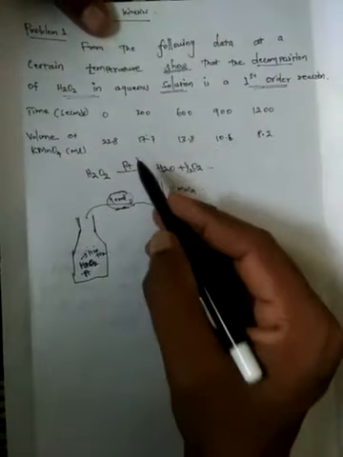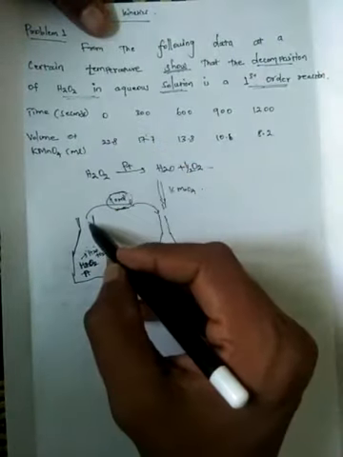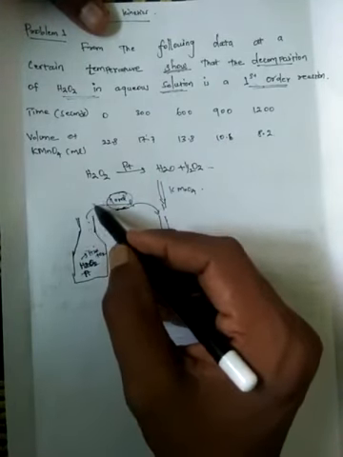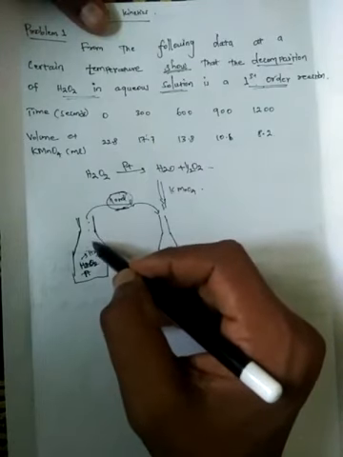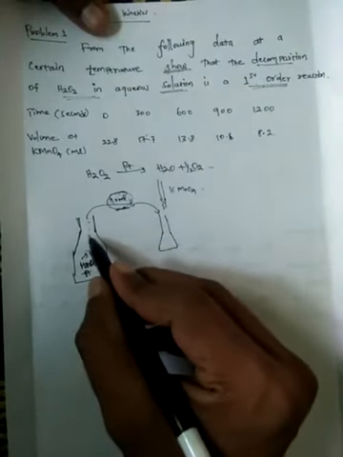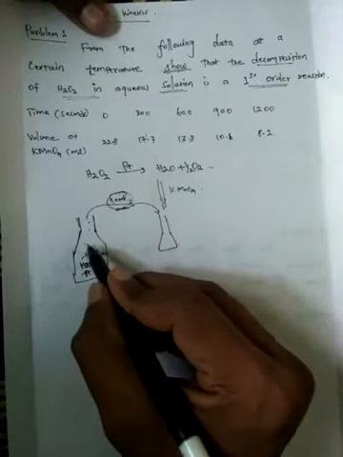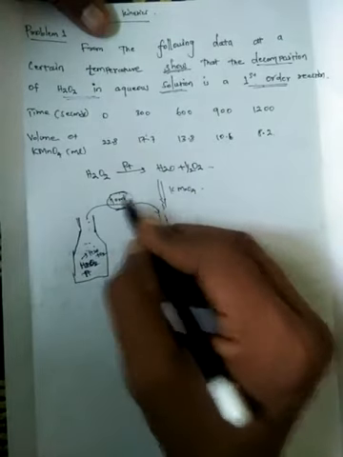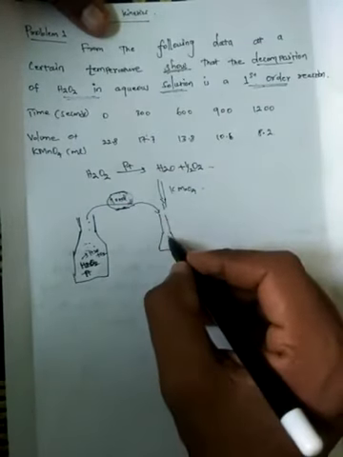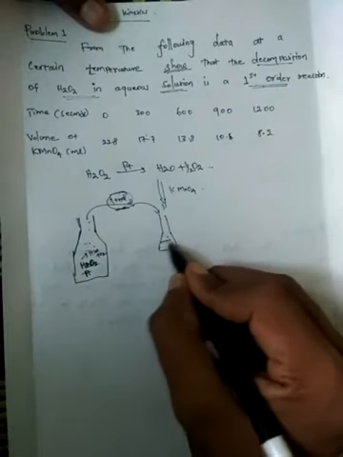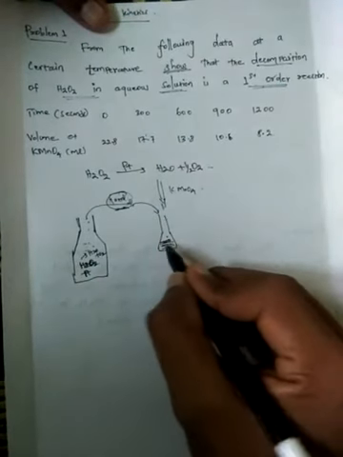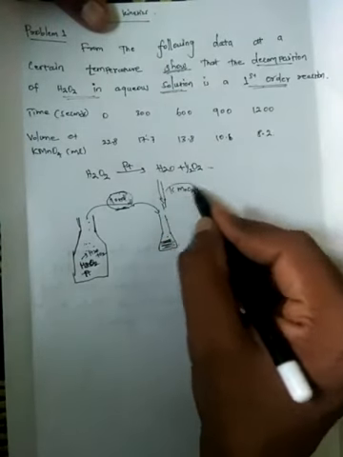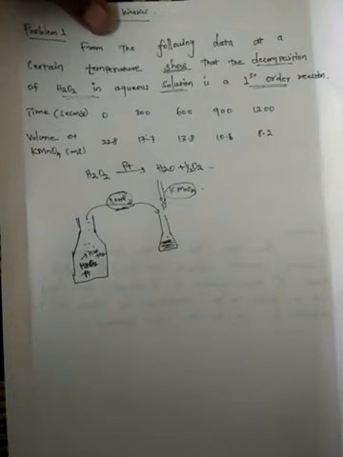At various time intervals you are taking out the content of the reaction that you are carrying out in this reaction bottle, about 10 ml, then transferring it into a conical flask where the reaction must be arrested, that is, stopped. Then the reaction mixture is titrated with KMnO4 taken in the burette.